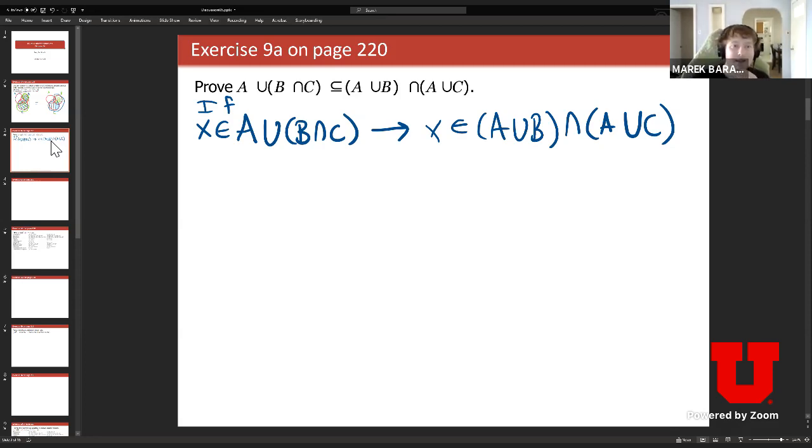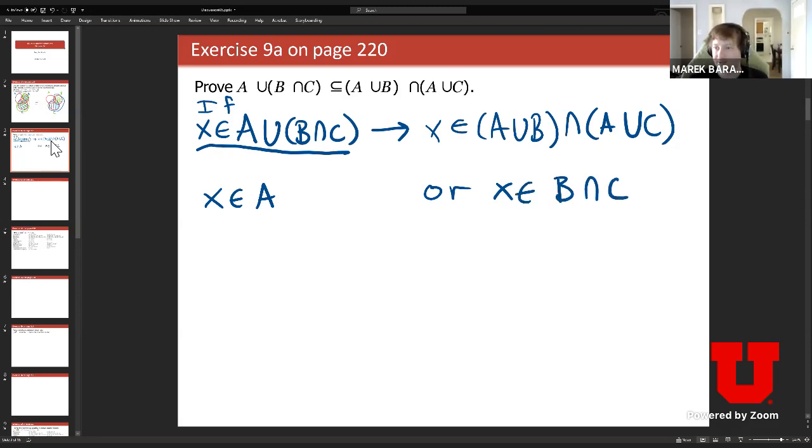If we take apart what X in A union B intersect C means, then it means X is in A or X is in B intersect C. I'll give you a couple minutes to work on this on your own.